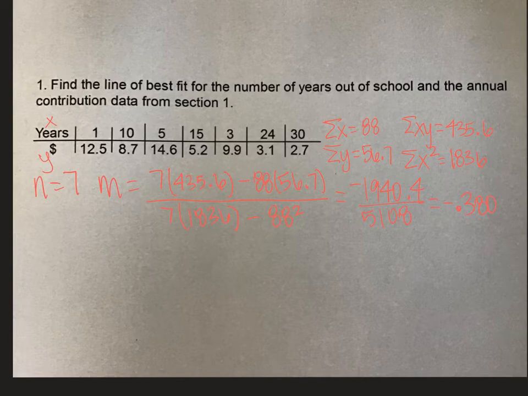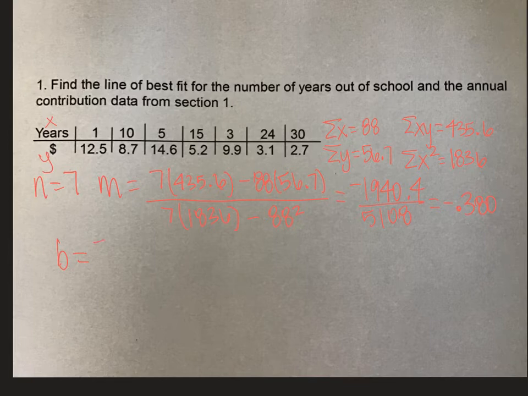Generally, they do 3 decimals in the slope and y-intercept because you are very rarely going to get whole numbers, but as long as you have 2 decimals, that's fine. Okay, so I have a slope of negative 0.380. So when I find my y-intercept, that is going to be the sum of my y's divided by n.